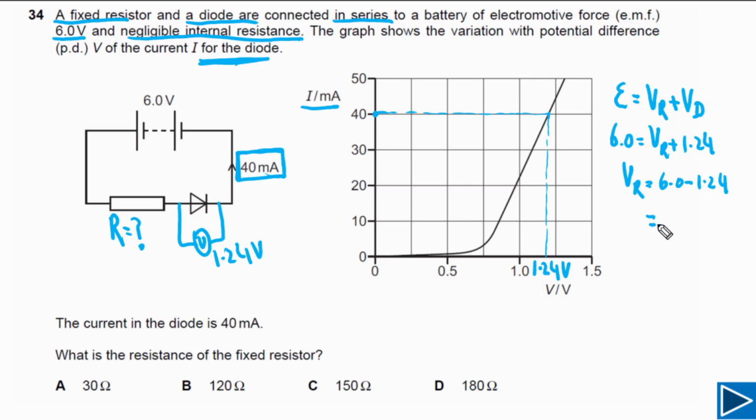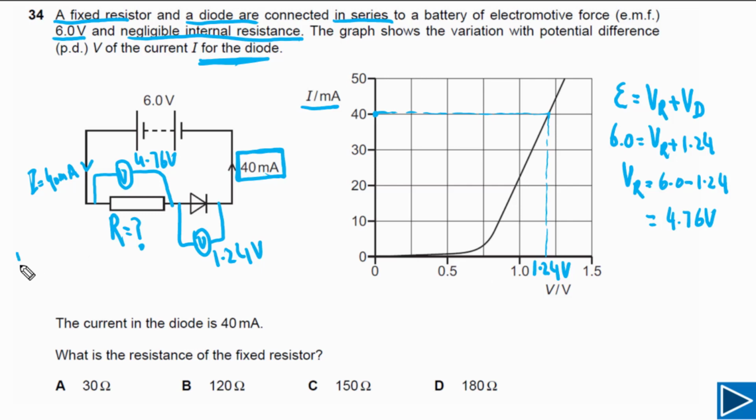If we simply solve this one, our answer will be 4.76 volts. We can simply connect a voltmeter across this resistor and the reading on this voltmeter will be equal to 4.76 volts. And the current passing through this resistor is 40 milliamps. Now we need to find out the resistance.